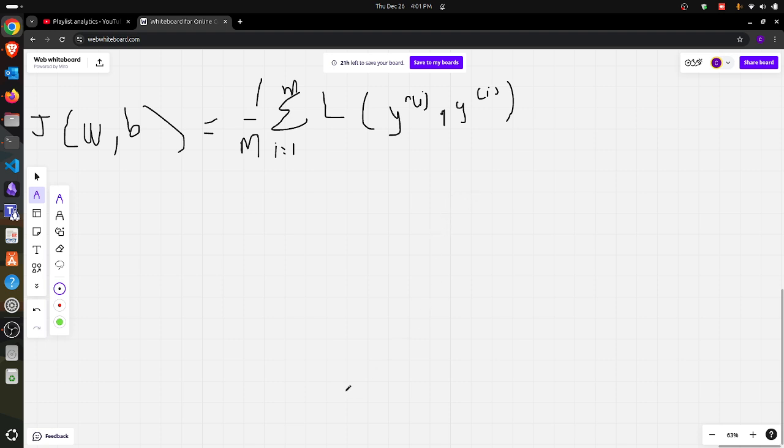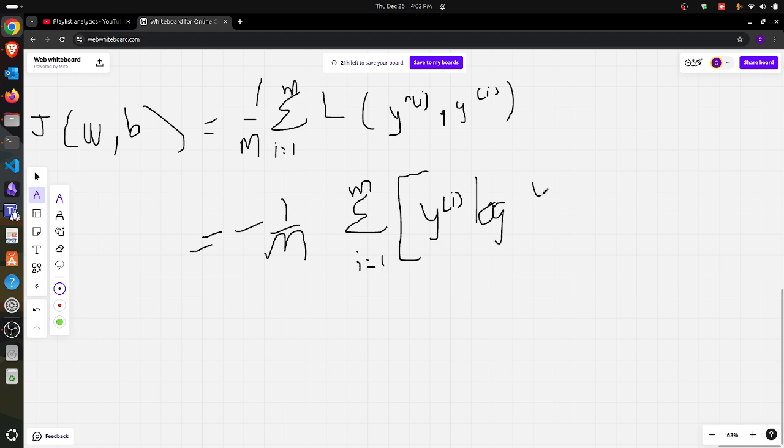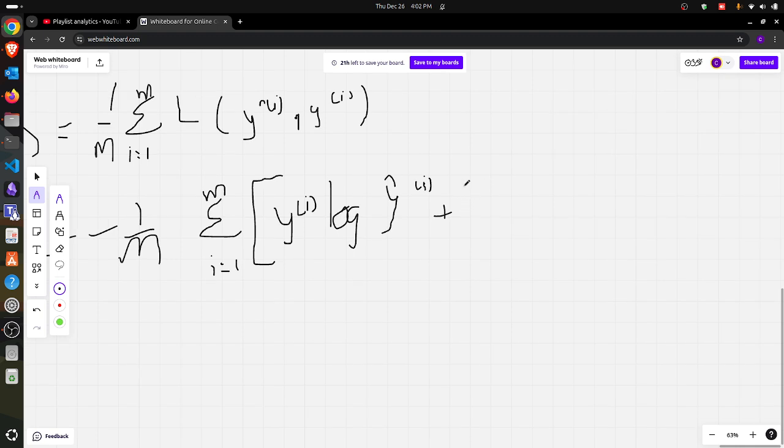This turns out to be negative 1 over m times the summation from i equals 1 to m of y i log y hat i plus 1 minus y i log of 1 minus y hat i.